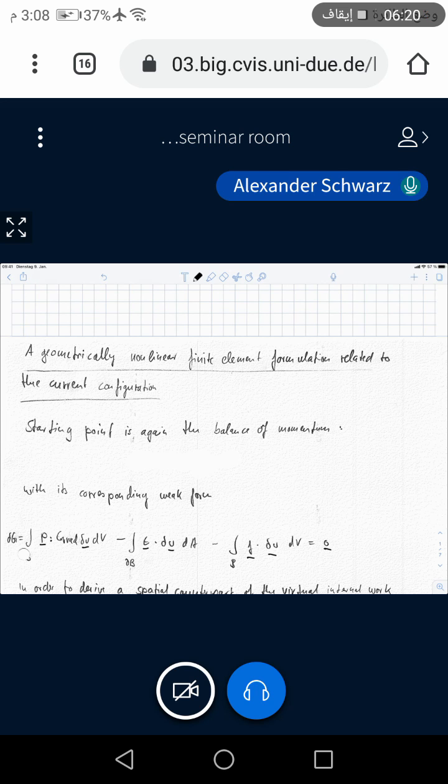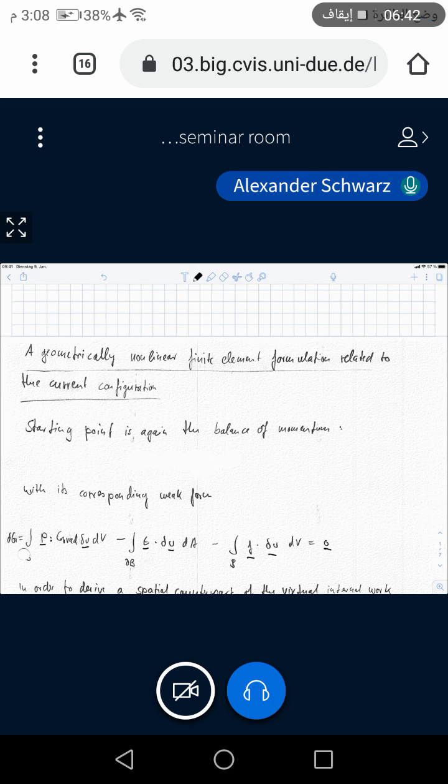So here in the current configuration, the main idea is that we push all these variables to the current configuration and evaluate everything there. Now you would maybe ask why we should do this, because between all our operations are equal signs, so these formulations are equivalent to each other.